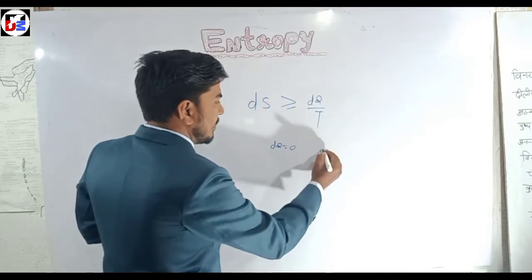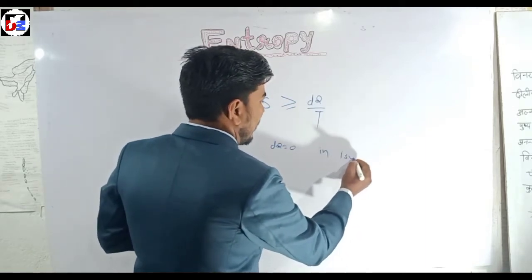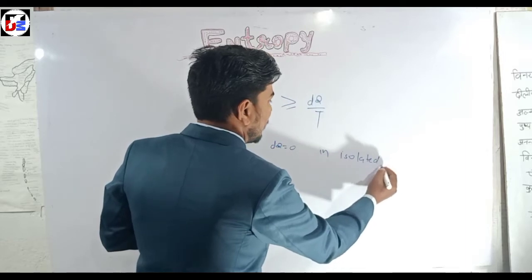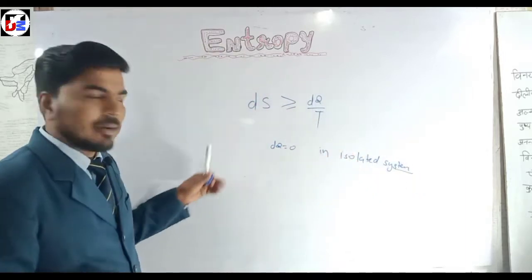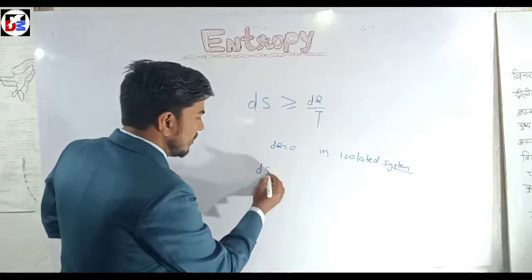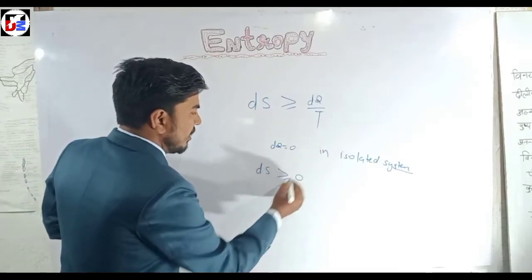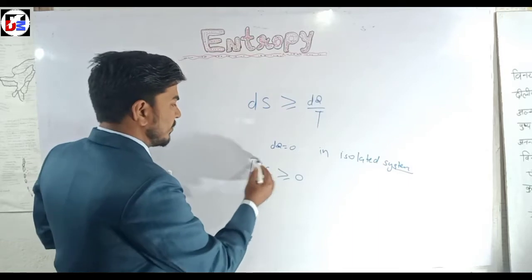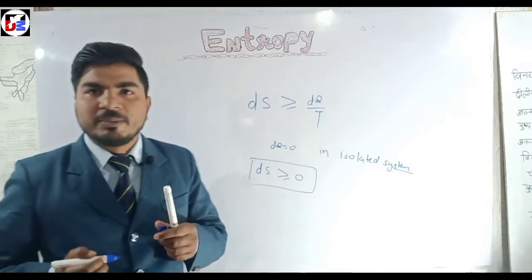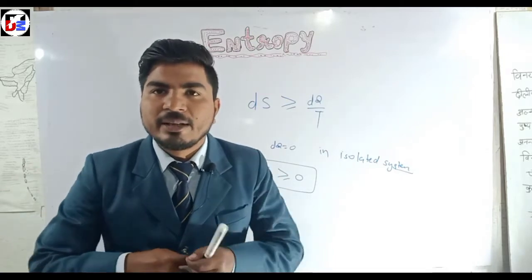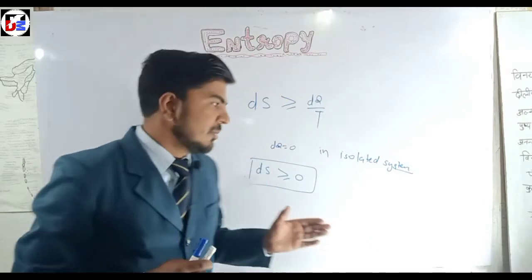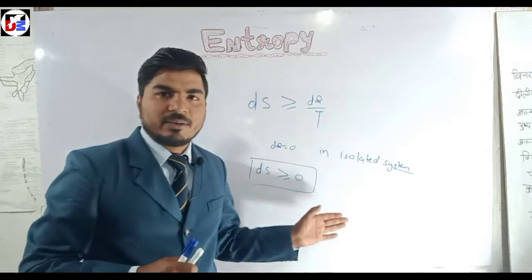In an isolated system we can write ds is always greater than or equal to 0. This is the entropy principle: the entropy change of any isolated system is always greater than or equal to 0.